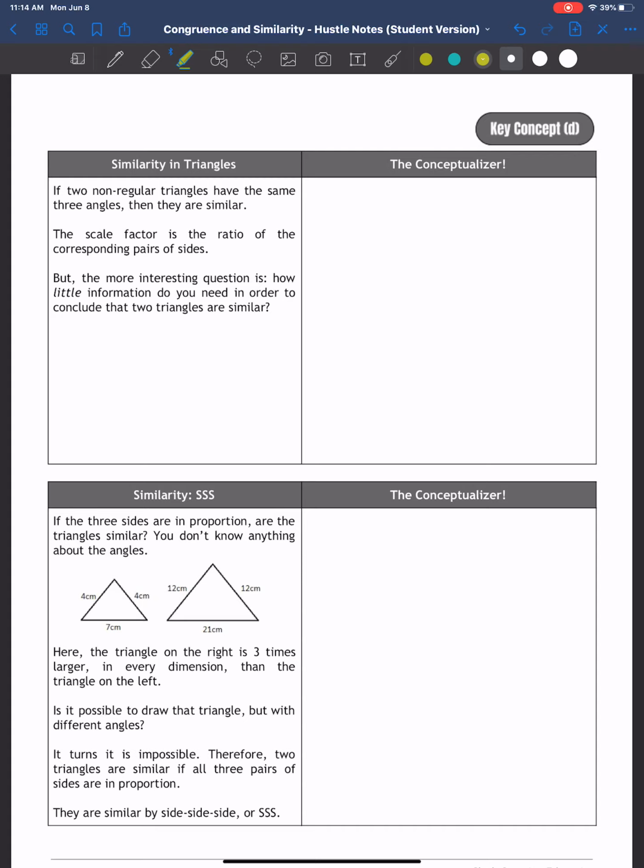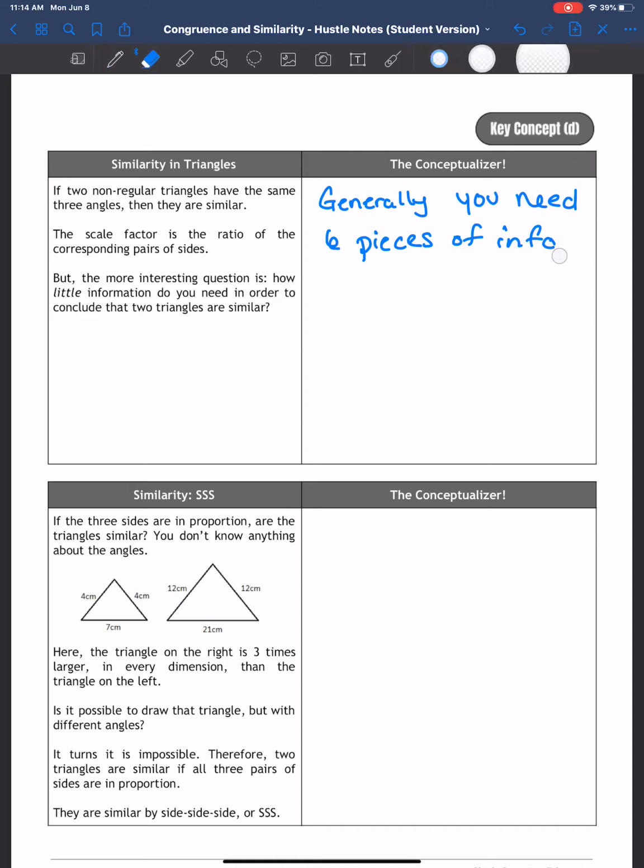So generally, 6 pieces of info. Three from each triangle.